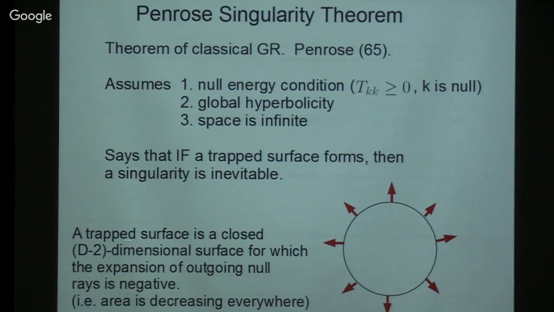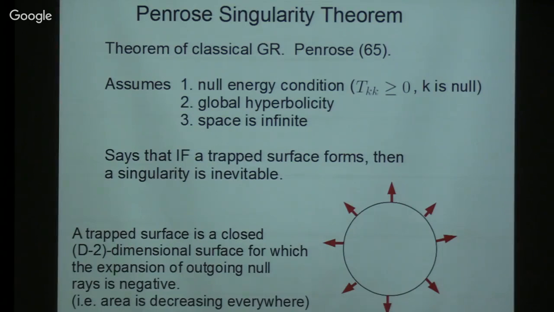If space-time is d-dimensional, let's just assume for the moment that d is 4, then you look for a two-dimensional surface with the property that if you shoot out light rays from that surface in the outward direction, the area is always going to be contracting. It's going to be decreasing instead of expanding.